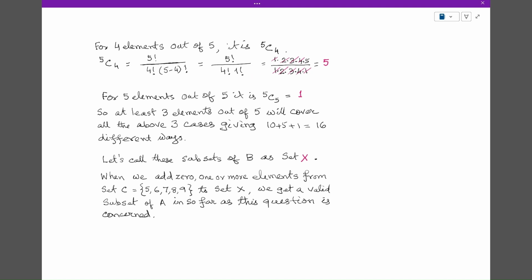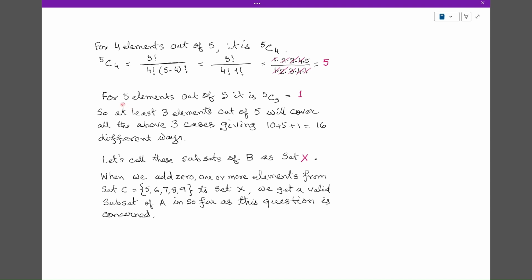If we write that out explicitly, it will be 1, 2, 3, 4, 5 divided by 1 multiplied by 2 multiplied by 3 multiplied by 4 multiplied by 1. This last one represents factorial 1. And if you cancel out the common terms, we get the remaining figure as 5. So there are 5 ways when 4 objects can be taken out of 5.